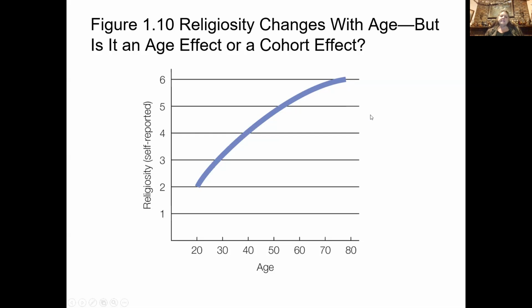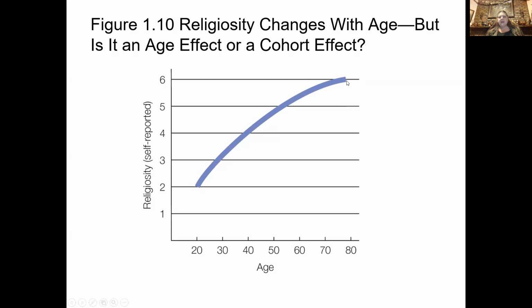Now, when I look at this data, I can look at this line and I can say, oh, wow, people get more religious as they get older. Okay, that might be true. That might be true, or it might be what we call a cohort effect. For example, older people would have lived through a different period of time.